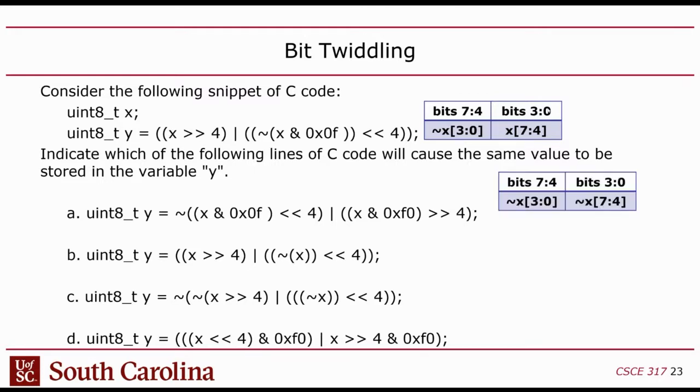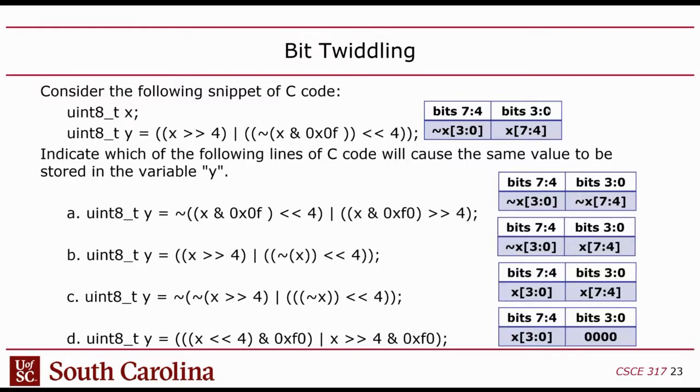Now you have to do that for the other lines of code here, and it'd be kind of tedious if I went through every step. But the first statement does the same thing, except it negates the upper 4 bits after shifting them down to the lower 4-bit position.